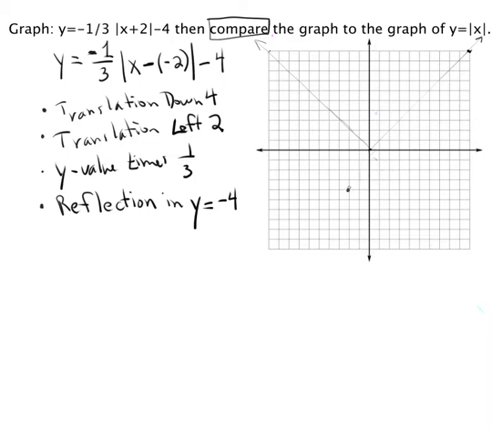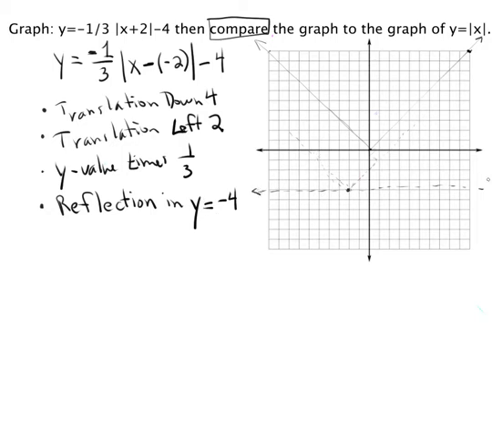So I'm going to put my point there, and normally my line would go over 1, up 1, over 1, up 1, and continue out this way. But my y values are times 1/3. So I'm going to start from that vertex, and here is the horizontal line we're thinking about, the reflection across y equals negative 4.